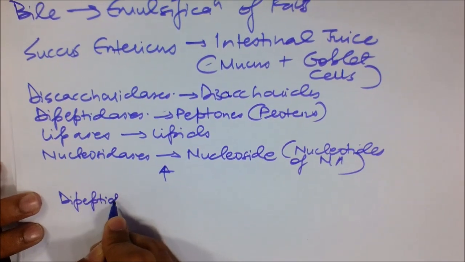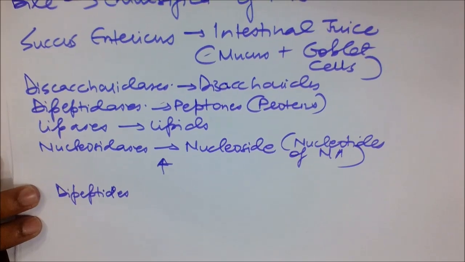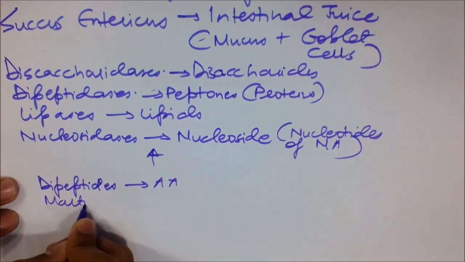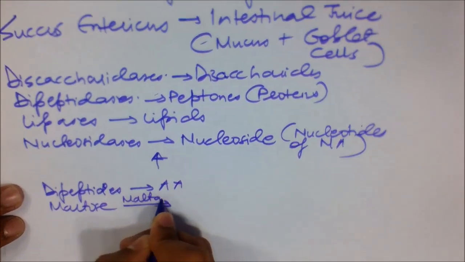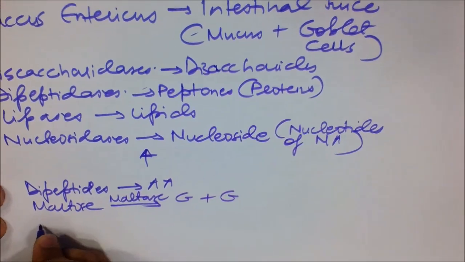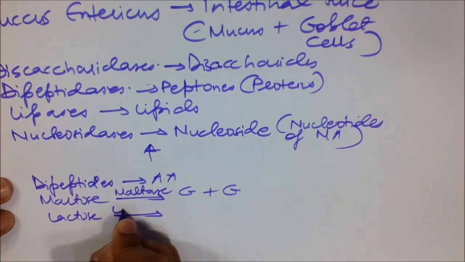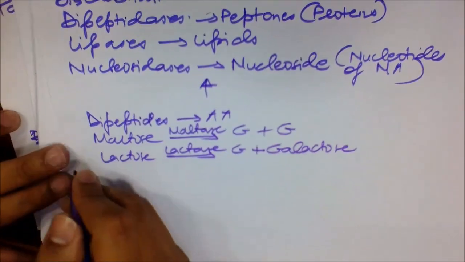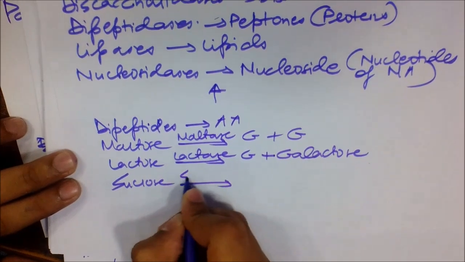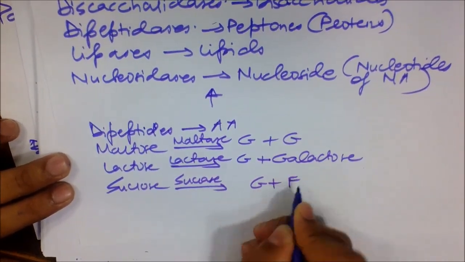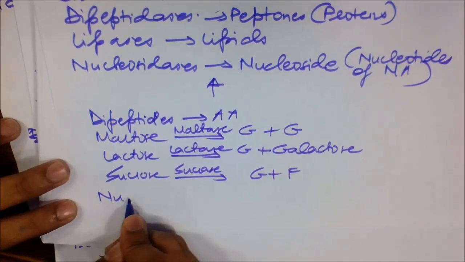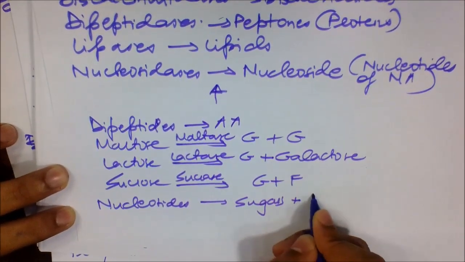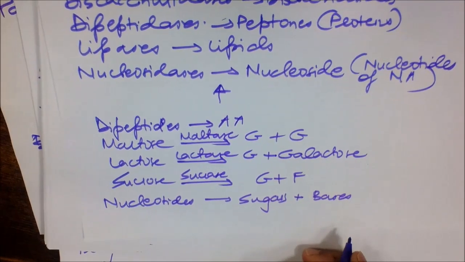breakdown of dipeptides by the action of dipeptidases into amino acids, breakdown of sugars like maltose, under the action of maltase like enzymes, into glucose plus glucose, breakdown of lactose in the presence of lactase like enzymes into glucose plus galactose, breakdown of sucrose in the presence of sucrase into glucose plus fructose, and breakdown of nucleotides into sugars plus bases in the presence of nucleotidases and nucleosidases.